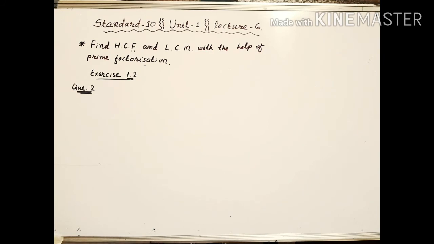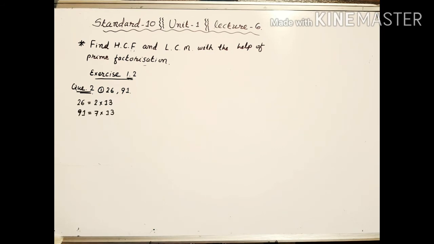Using this knowledge, we can solve question 2 of exercise 1.2. There are 3 sums given. For the first sum, we are given 2 integers, 26 and 91, to find the HCF and LCM with the help of the prime factorization method. First of all, we'll make prime factors of 26 and 91.